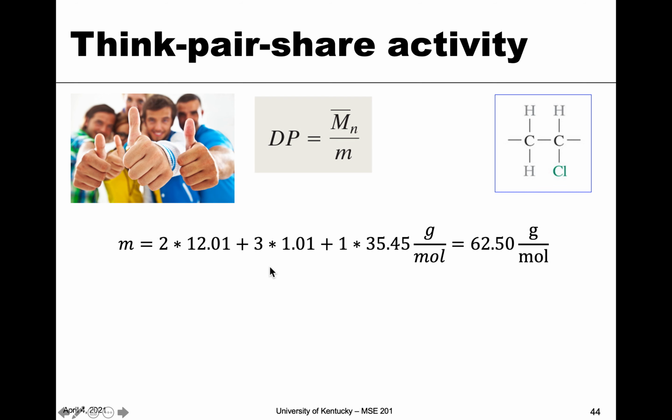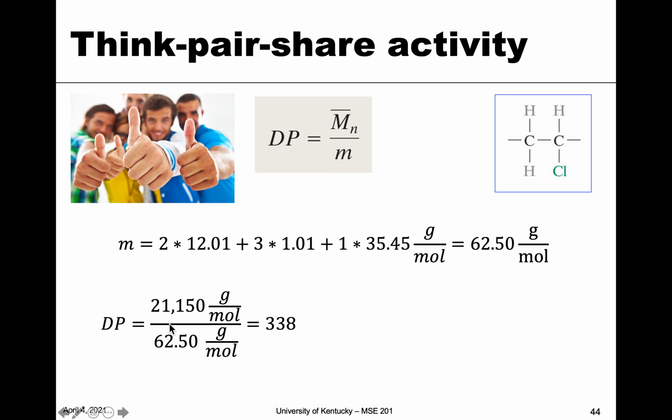I just tried to add a little bit more there. And then we have 1 chlorine, which is 35.45. You can find this on the periodic table, information in your textbook. And so if you add all that, the molecular weight of the repeat structure, so just this one repeat structure, is 62.5 grams per mole. So we need that for the denominator. We have this from the previous question.